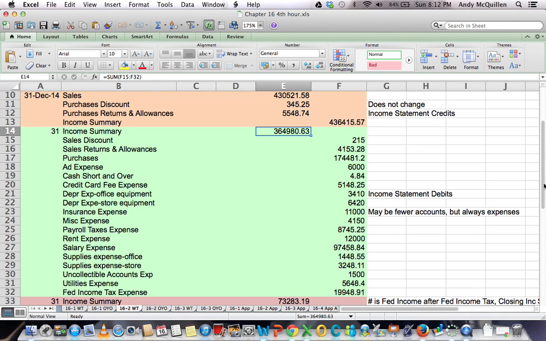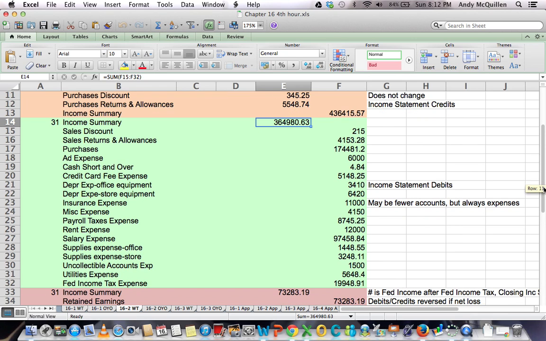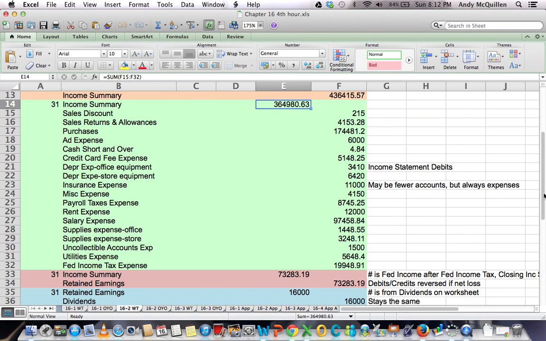Part C says close income summary. Now, this is the part that confuses people the most. And I always tell people it's easier to look at the worksheet all the way at the bottom where it says net income after federal income tax. And we are closing the income summary just like it says here.